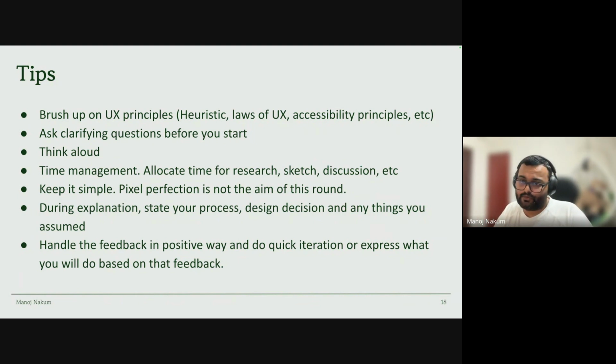These are the kind of questions you can ask, and it is very valid to ask. But make sure those questions are not asked in anger or spite. This is a question because you want to create the second iteration based on the first round of feedback, so you have to find out what exactly is not working. So that is it.